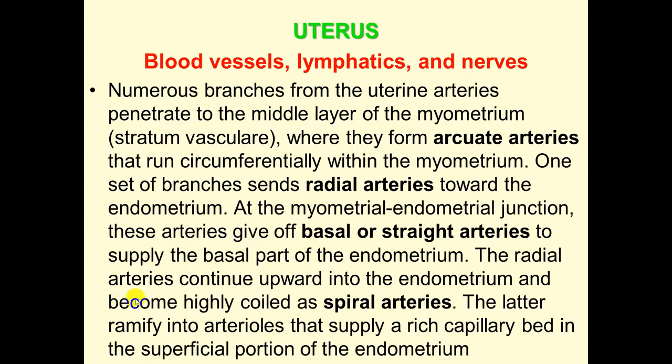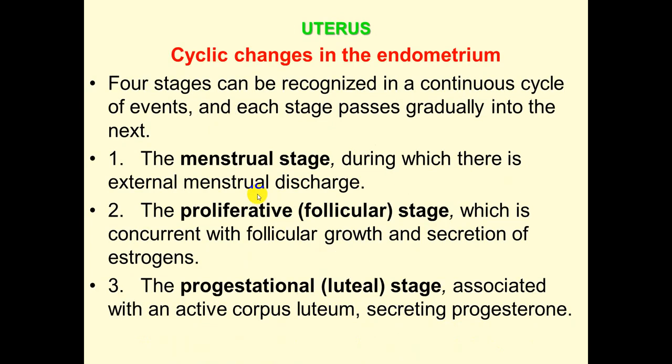So the radial arteries continue upward into the endometrium and become highly coiled spiral arteries. The latter ramify into arterioles that supply a rich capillary bed in the superficial portion of the endometrium.